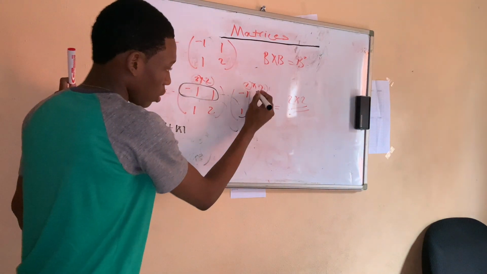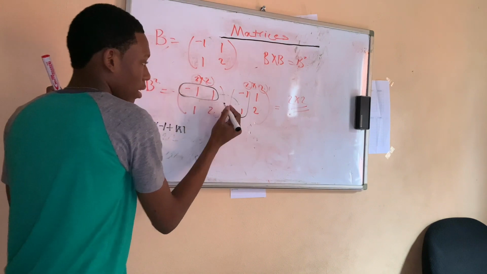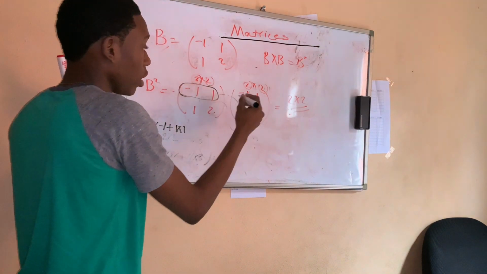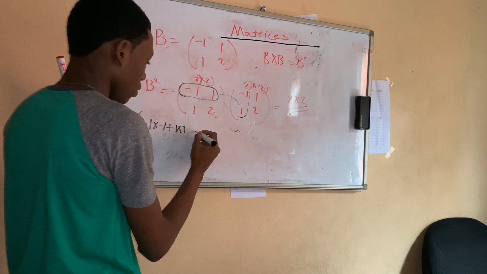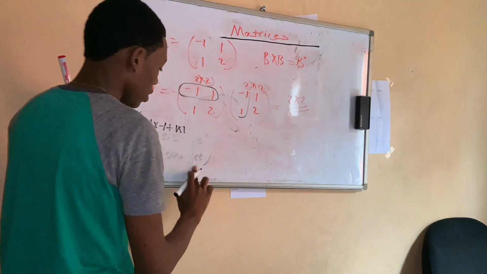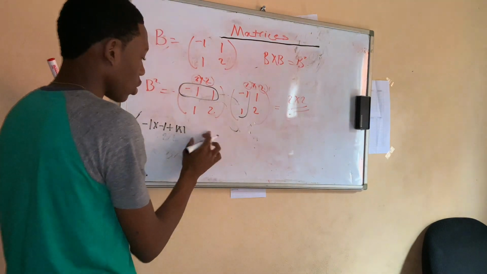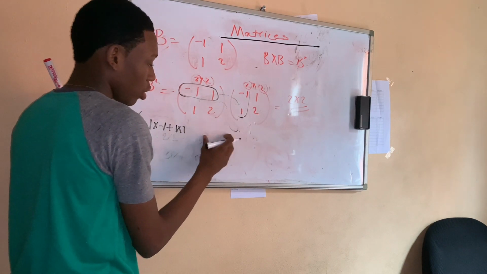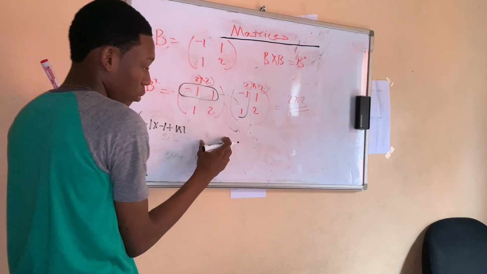This is the second column now. We do the same thing as we just did in the first column. So negative 1 times 1, this is the first row, second column, because we are in the second column, so the result goes in the second column.